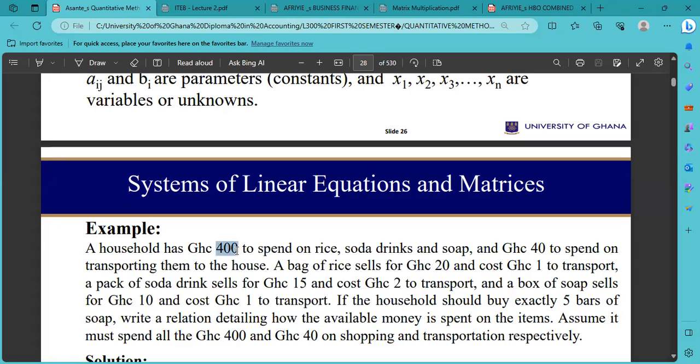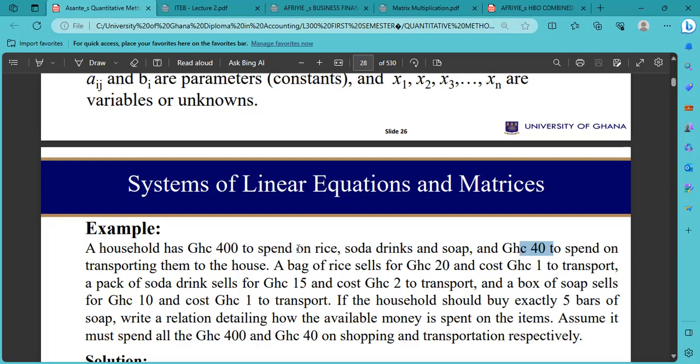We have resource 1 and resource 2. This one is what we are spending on buying the rice. If this amount was given to spend on both buying rice and transporting, then we wouldn't have made this another. So it means that they gave a different amount to buy, and a different amount to spend on transporting, right?